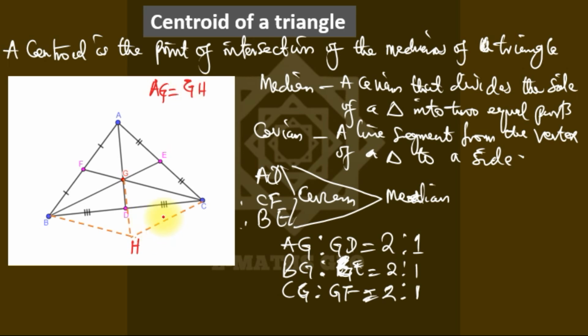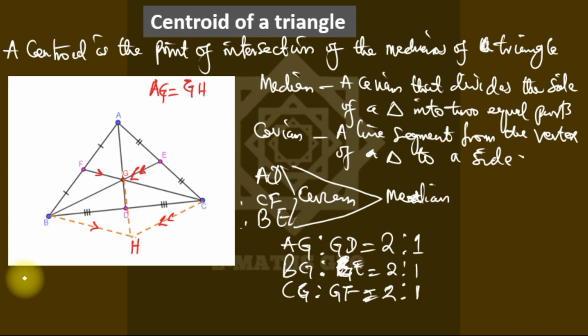And also this line is parallel to this, so we drew a line that is parallel to GE, and also a line parallel to FG. So what do you notice? We'll form a parallelogram.